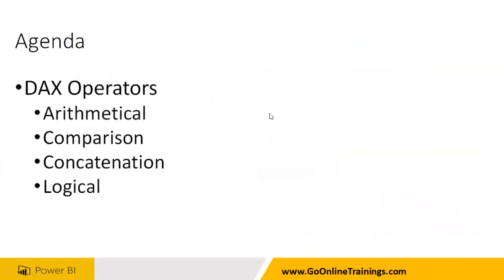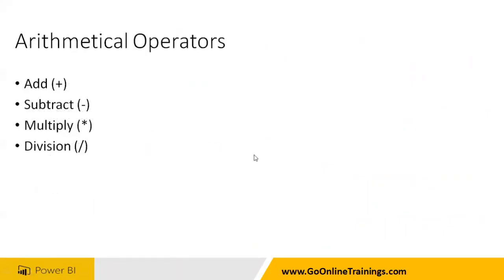We have DAX arithmetical operators, comparison operators, concatenation operators, and logical operators. These are very simple, and these are used heavily in the DAX language. Arithmetical operators are add, subtract, multiply, and division. I need not explain all these; you know how to use them.